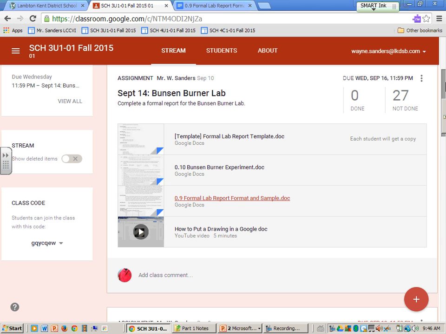Or it might just be important parts of the lab where I say, today we're just going to do observations and conclusions, right? So we have formal lab reports, which are going to be fairly beefy reports, and then informal lab reports, which don't contain all of the particular steps in that lab report. What I'm going to talk to you about today is how we write a formal lab report.